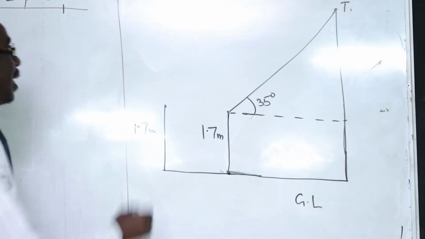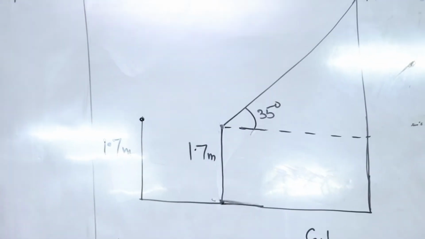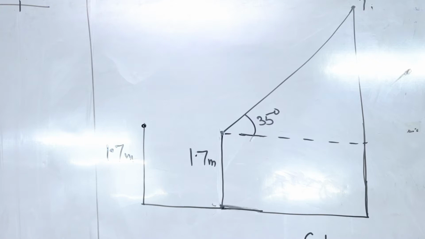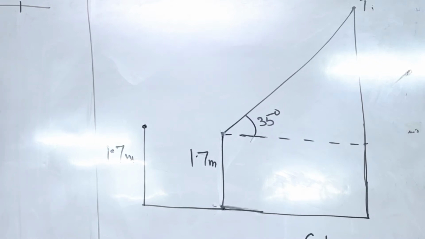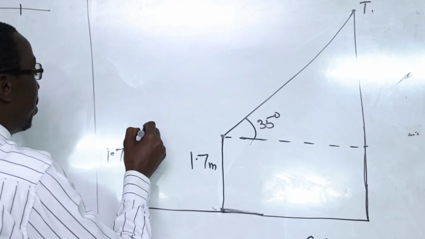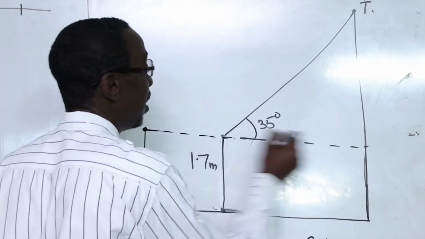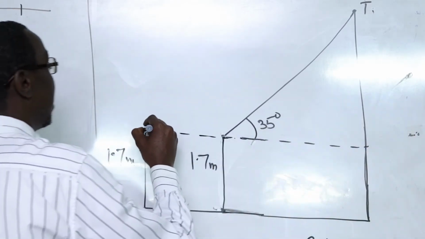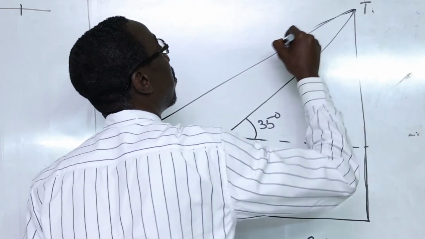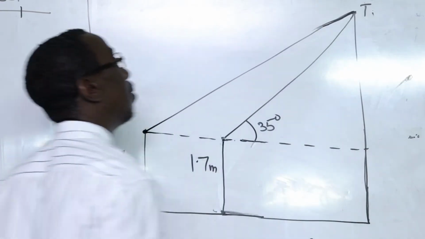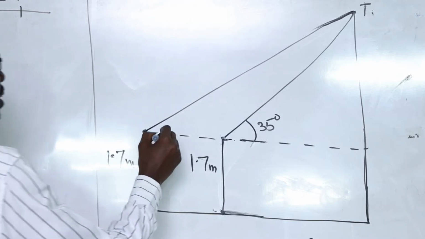All right. And now observe the angle of elevation to be 28 degrees. It's observing again, elevation to be 28 degrees. Before you can observe elevation, you must look straight and look up.